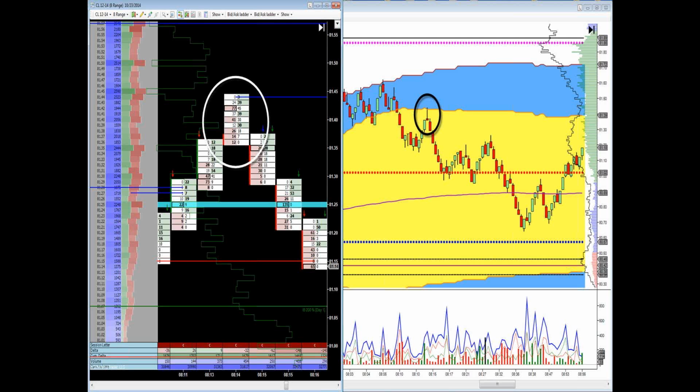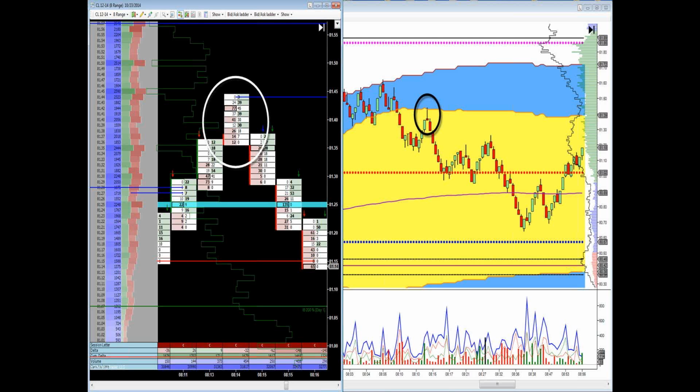Now, the other thing is I don't use Ninja, but these tools are for Ninja. So what I do is I trade off my regular account with my current broker, but I run Ninja in the background with my Sierra Chart running, and I just keep using the free demo. I just keep renewing it every 21 days.